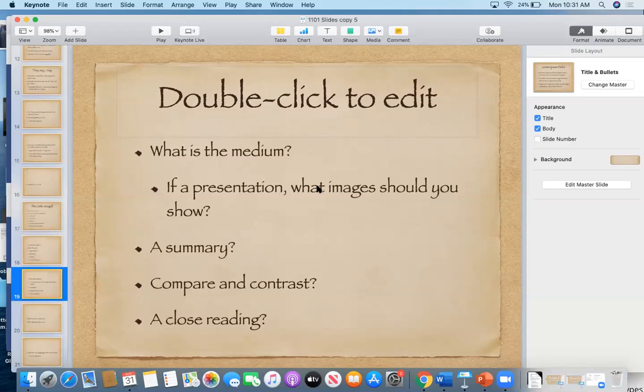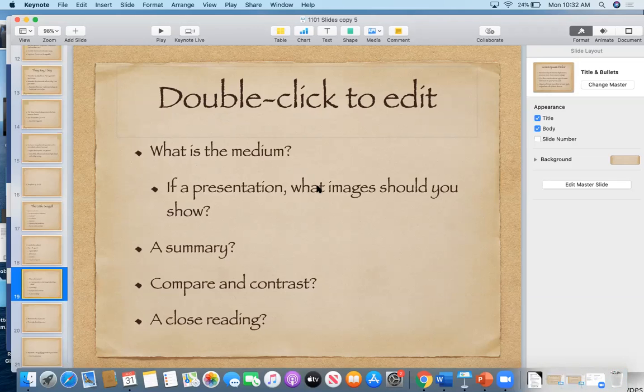Also, if you're doing a presentation, which sometimes you'll have to do for some of your classes, not in this class, what images should you show? I'm not sure if you guys have been paying attention to the news lately, but Elon Musk wants to come out with a little chip that they can put in your brain that's going to solve a lot of neurological functions, I think.